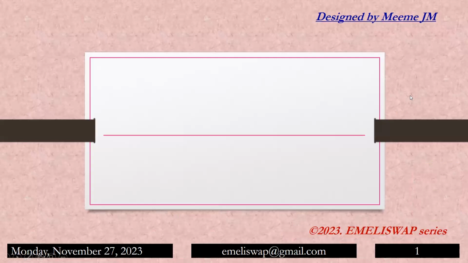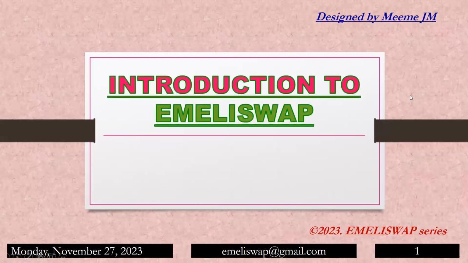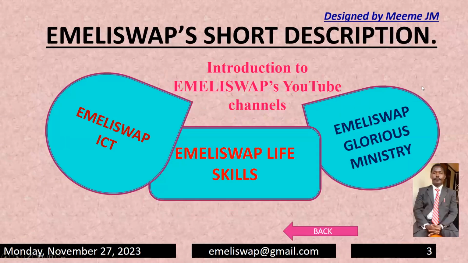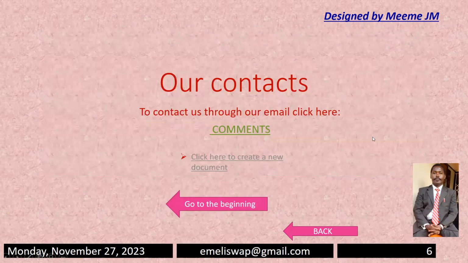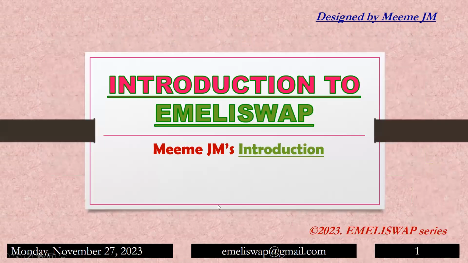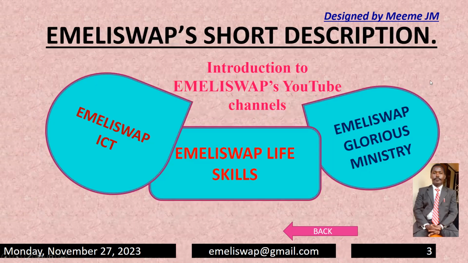You have heard the sound, and you have been taken to the first slide. So you continue with the presentation as usual, up to the last slide. If you don't want the presentation to end, and you want to be taken back, you click on go to the beginning, and you continue that way.